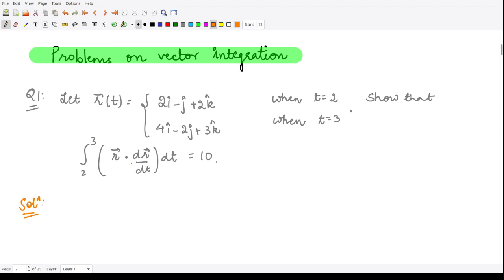For the solution, instead of first computing dr upon dt, and since you already know what r is, then taking the dot product won't be so easy. So we won't go like this. What if I can write this factor, r dot dr by dt, as the derivative of some other quantity?